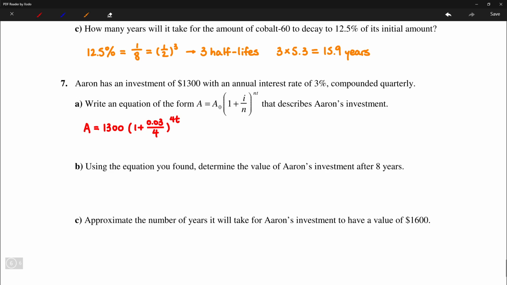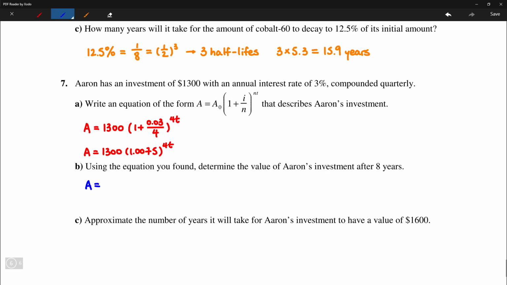So this is just A is equal to 1,300 times 1.0075 to the 4t power. After 8 years, we can simply substitute in 8 for t.